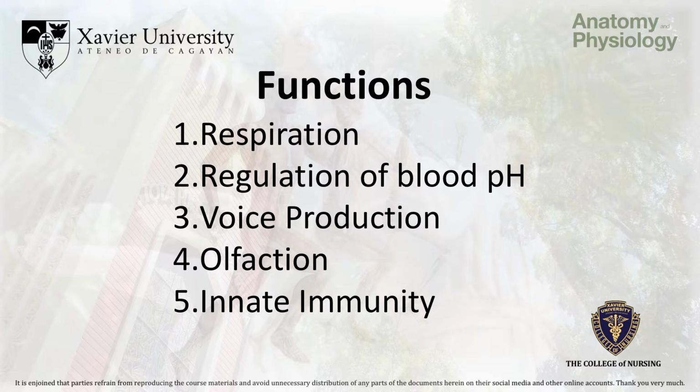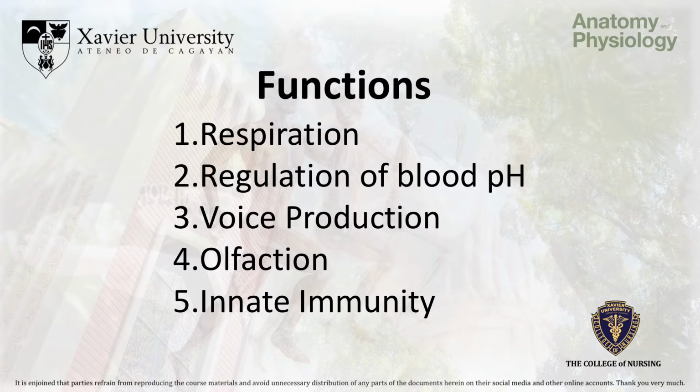In addition to respiration, the respiratory system performs the following functions also. The regulation of blood pH. The respiratory system can alter blood pH by changing blood carbon dioxide levels. Next, we have voice production. Air movement past the vocal cords makes sound and speech possible.